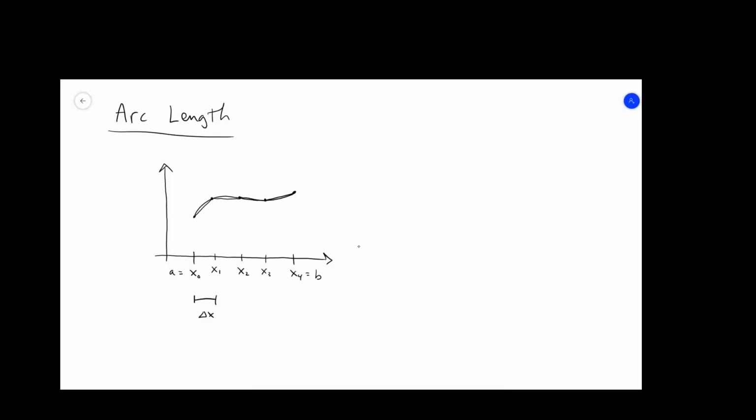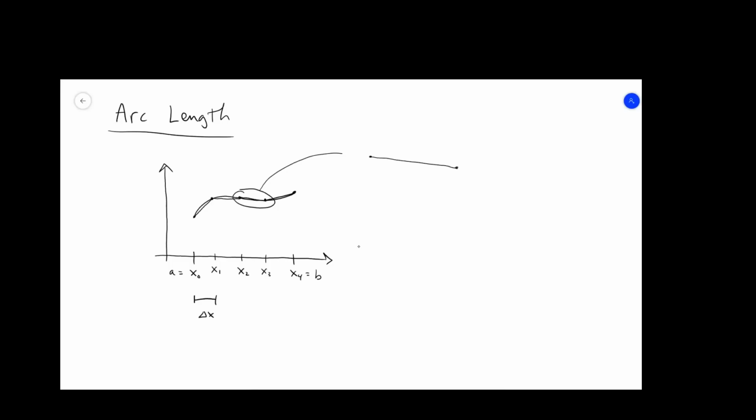Okay, so let's look at one of these line segments and ask, how would I figure out the length of that line segment? Let's just draw it. There's the line segment. We're zooming in on this. Let me make it a little bit bigger so that we can get a better picture of what it's going to look like. We're zooming in on just that one little segment to see how it's going to work.